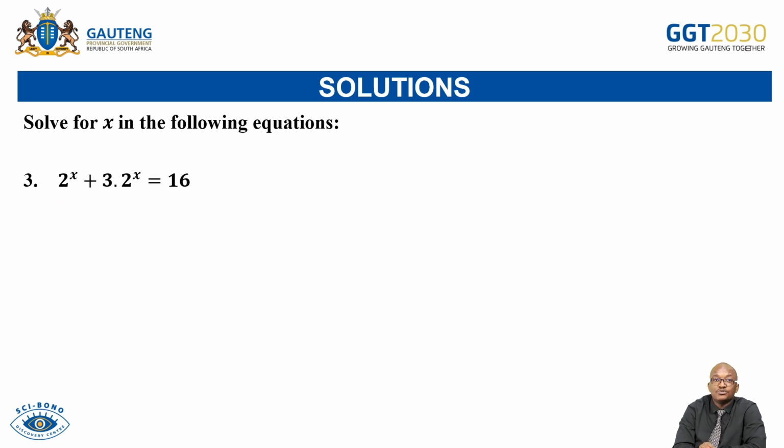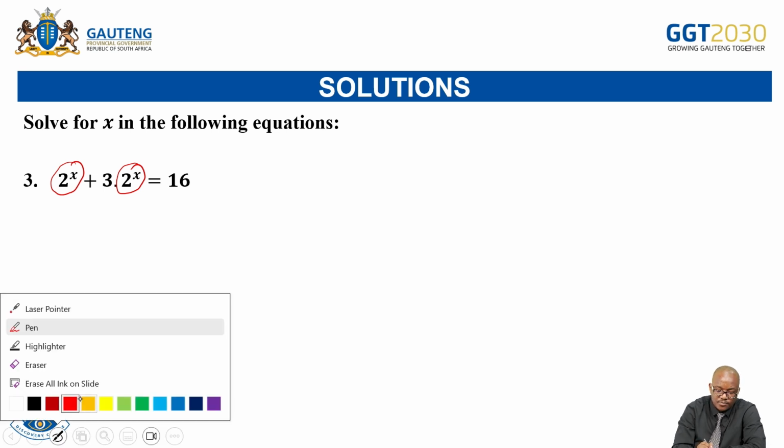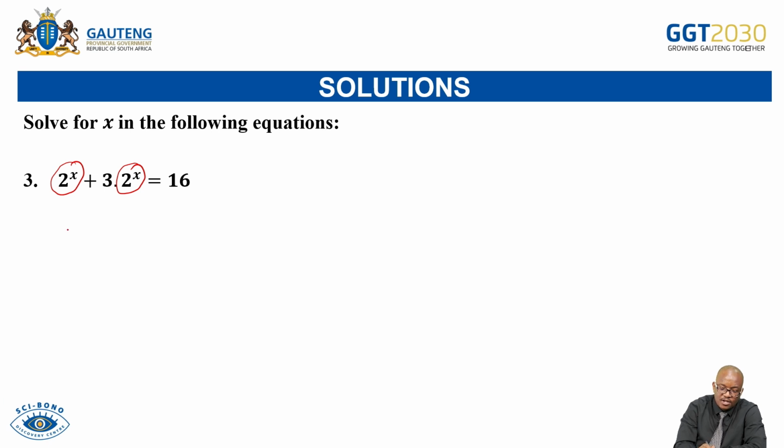It's 2 to the exponent of x plus 3 multiplied by 2 to the exponent of x. It's equal to 16. We can see that here we have what we call a common factor. And if you take out the common factor here, remember, taking out the common factor is like dividing by what is common.